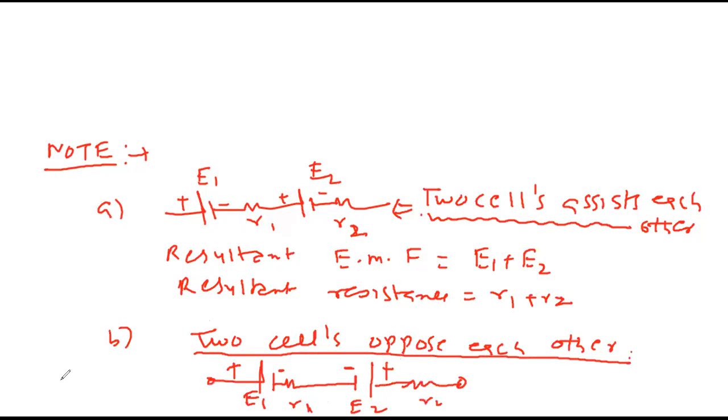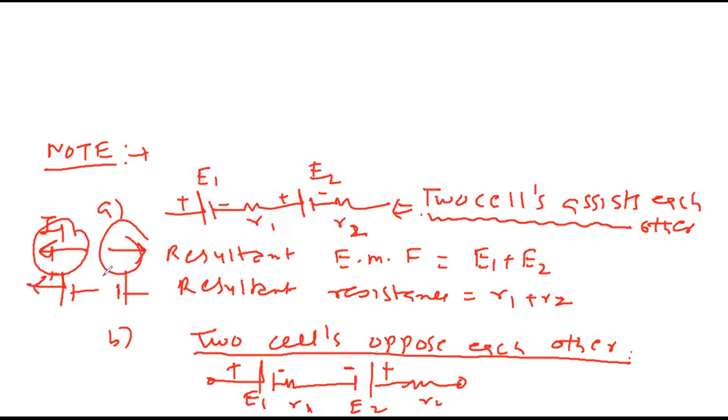Now, can you tell what will be the direction of current from E1, left or right? Which way will the E1 current go? It will go left, because current flows from positive. And the E2 current? Right. Are they in the same direction?